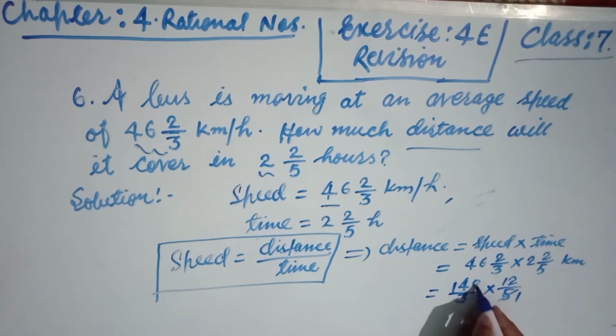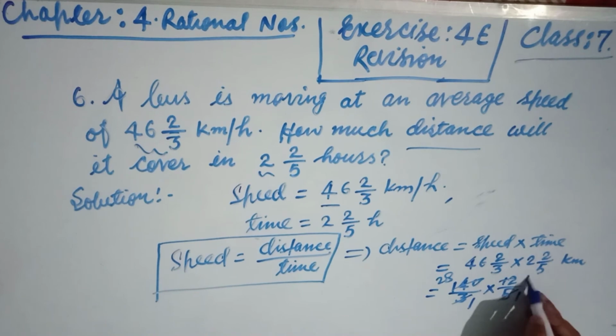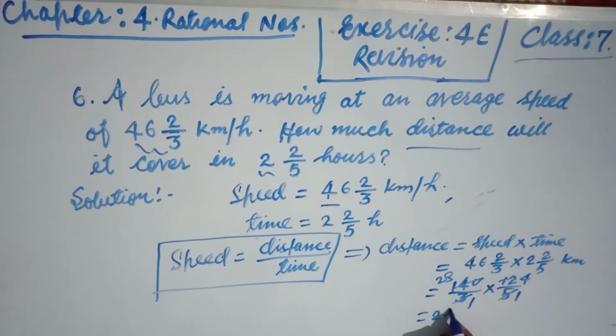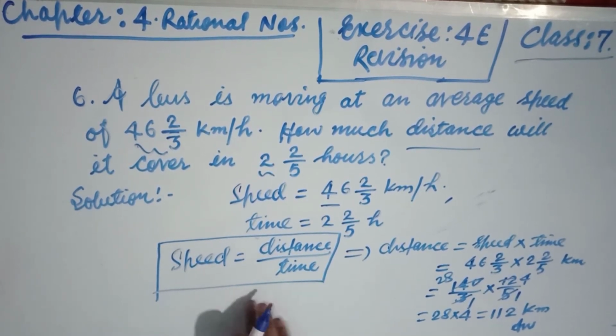So 5 ones are 5 and 28 times will get cancelled. Check: 3 ones are 3 and 3 fours are 12. So the answer, friends, 28 multiplied by 4, we will get 112 kilometers. Either we can solve by that method or this method, this is up to you. I hope this is a very simple method. Apply the formula and we will get the answer.